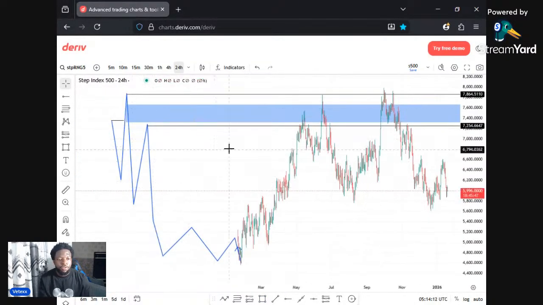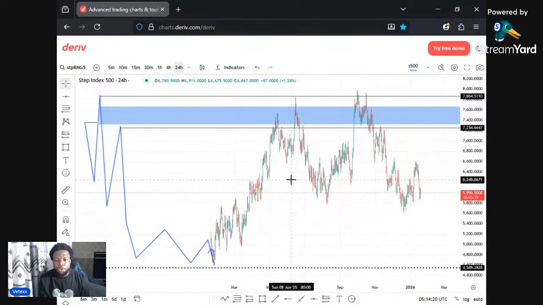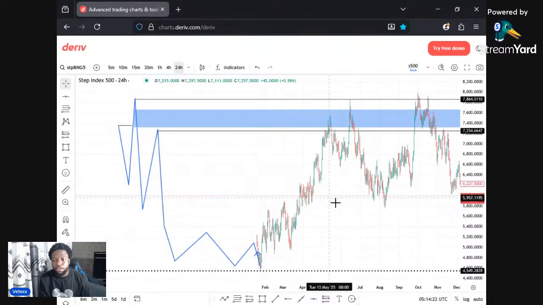So step 500 index on the weekly time frame is bearish, and then this is the finish point on the weekly time frame.